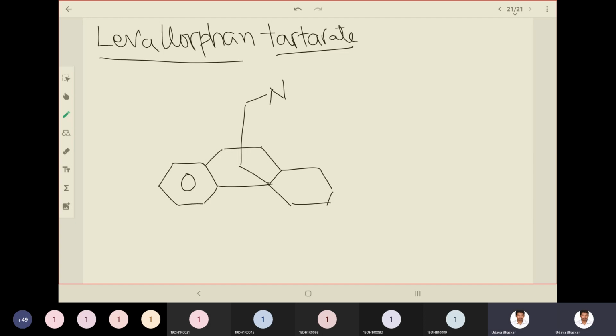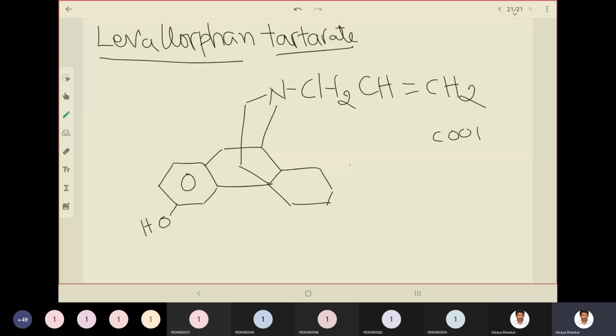Put an allyl group on the nitrogen and you have a phenolic alcohol. What is an allyl group? CH2, CH, double bond, CH2. This is the structure of levallorphan. And the tartrate structure, you know, right?